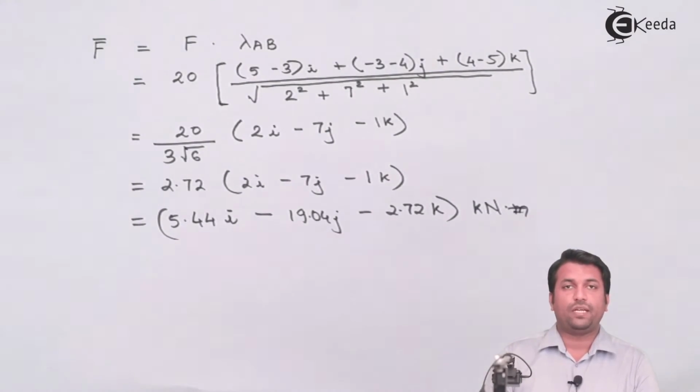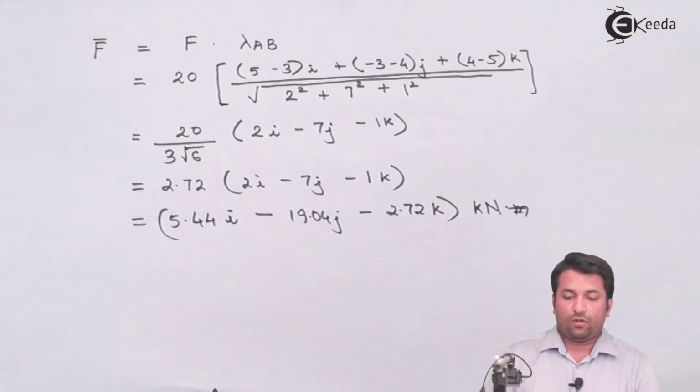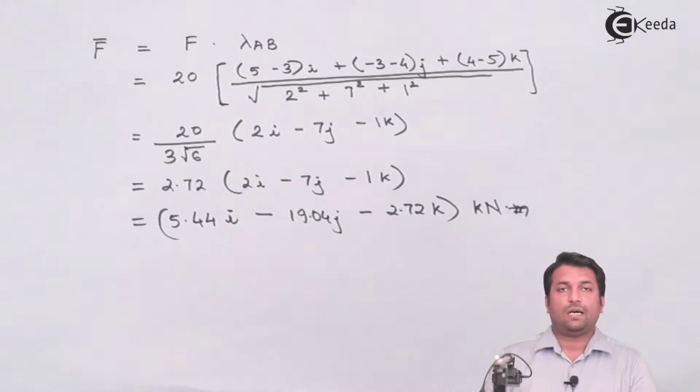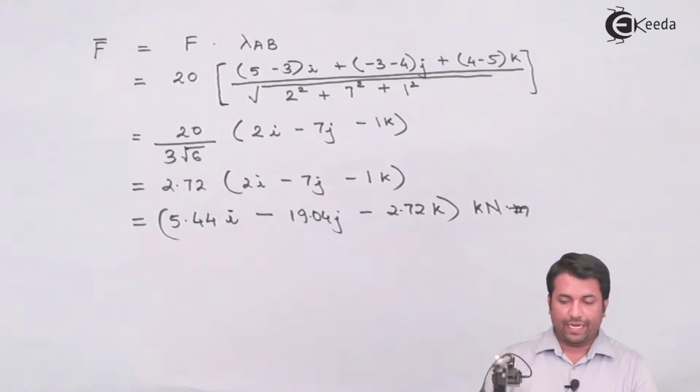So this is how I have calculated the force vector for the force of 20 kilonewtons passing through A and B with the coordinates being known.